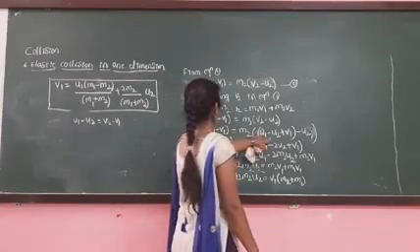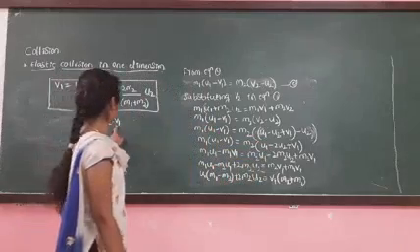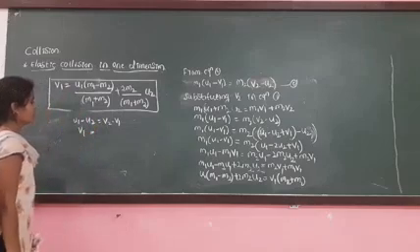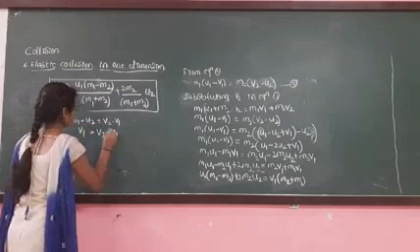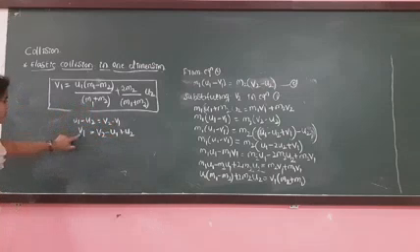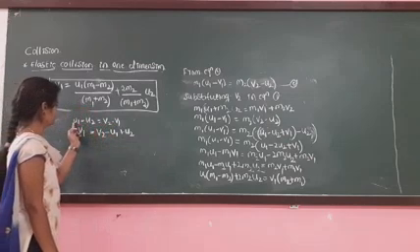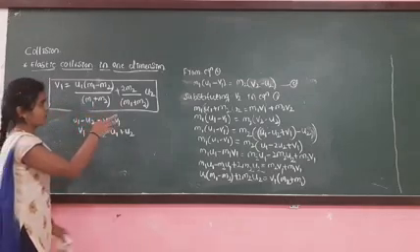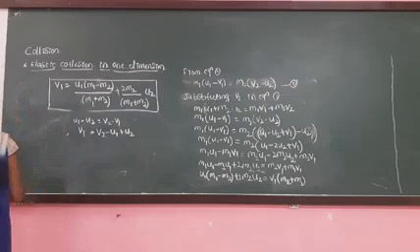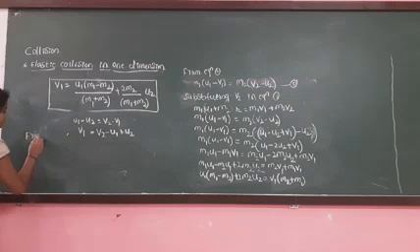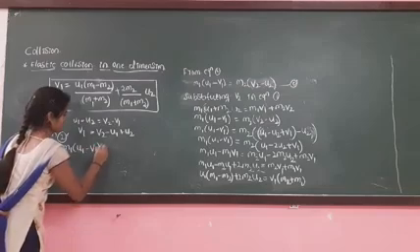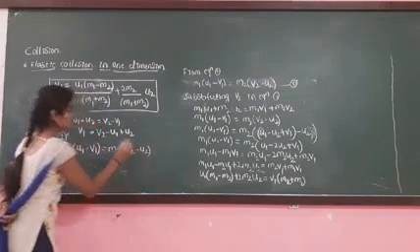Next, from u1 minus u2 equals v2 minus v1, v1 equals v2 minus u1 plus u2.